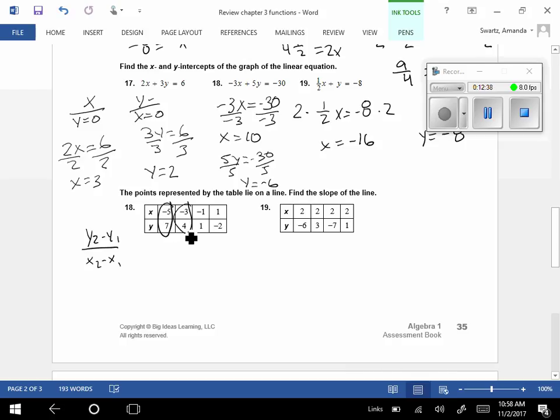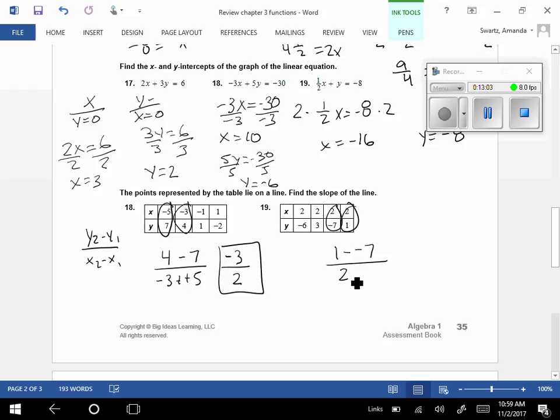So if my y2 is 4 and my y1 is 7, I would have this. Then I have negative 3 minus negative 5. Be careful with your signs. So we get negative 3 over positive 2. That is our slope. So I'll use these two for this one. So I have 1 minus negative 7 for my y's, and then 2 minus 2.